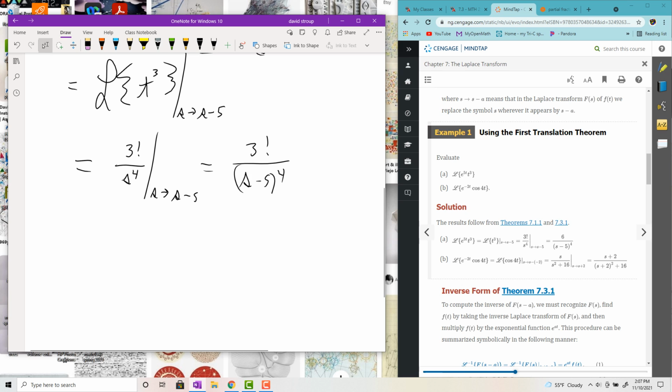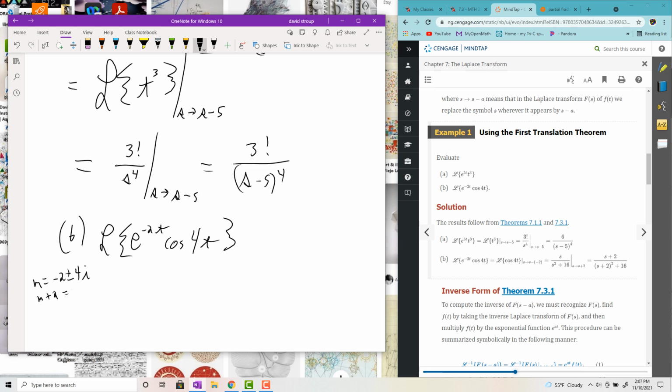Okay, let's look at the other one, part B. So the Laplace of e to the negative 2t cosine 4t. With regards to the annihilator, the roots would have been negative 2 plus or minus 4i. I know usually I say D minus negative 2 plus 4i times D minus negative 2 minus 4i, but another way of getting the annihilator is just move the 2 over.